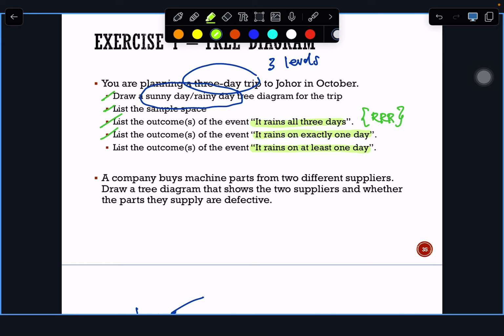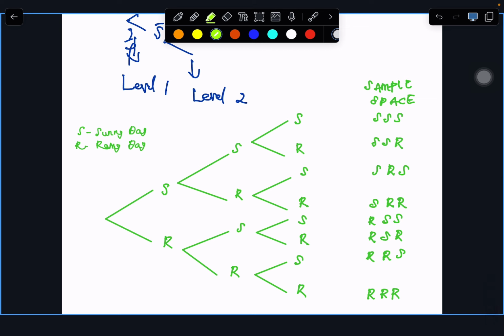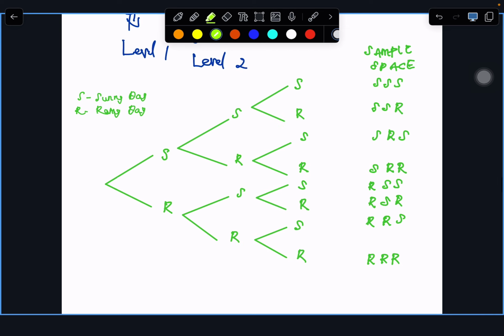If you look at your sample space, we have eight outcomes here, correct?